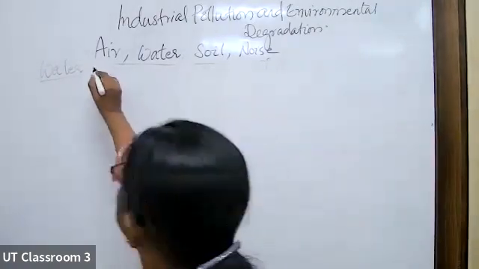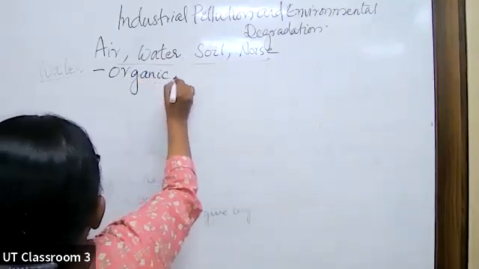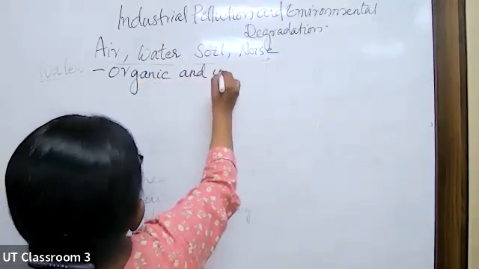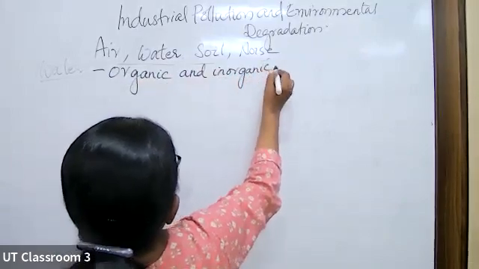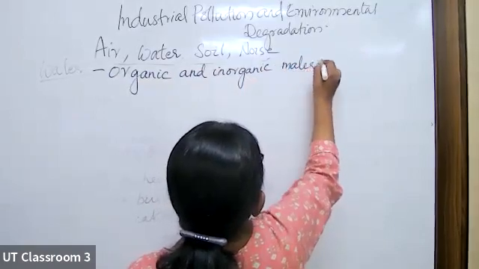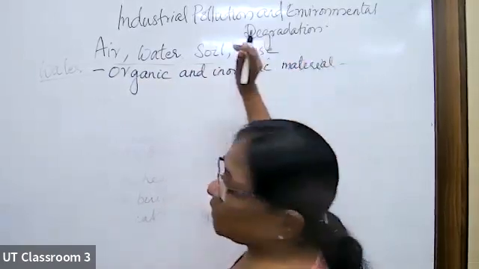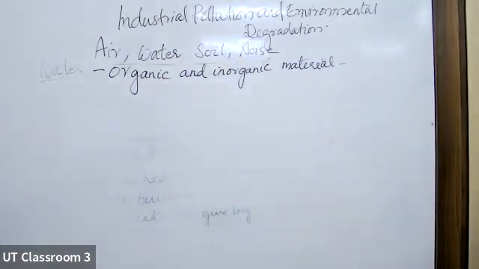You can say that it is by the addition of organic and inorganic material added in the water. Can you tell me what the organic materials are? Can you give some examples?